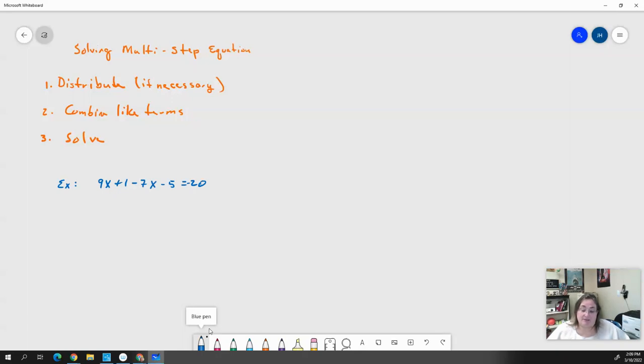Why? Because that's what my paper says. When we're solving an equation like this, the first thing we'd want to do is distribute, but there's nothing here in parentheses. So we don't need to distribute. It says if necessary, and in this case, it's just not necessary.